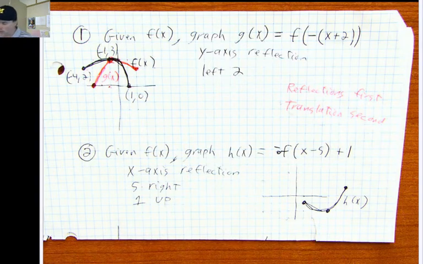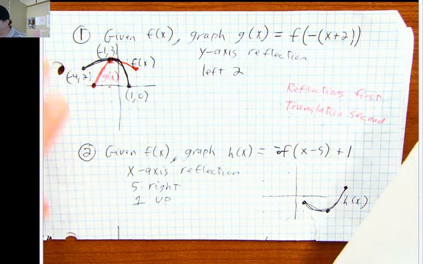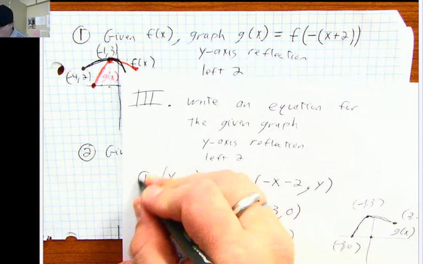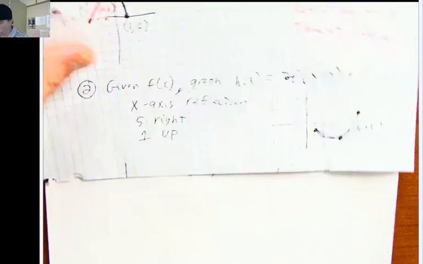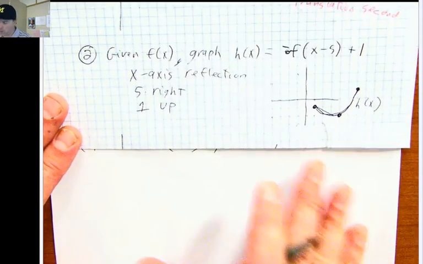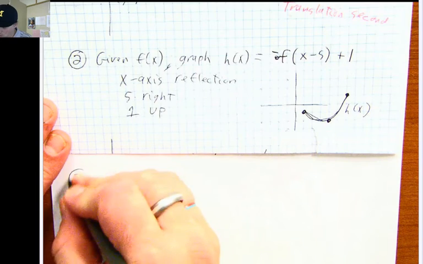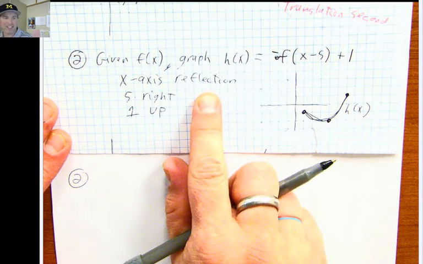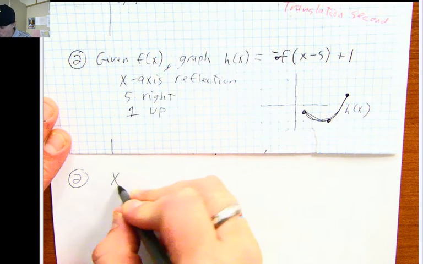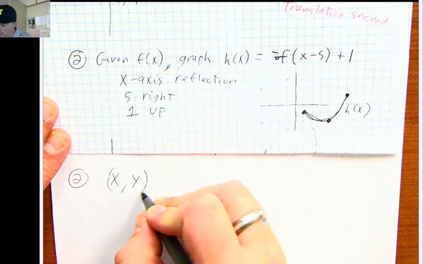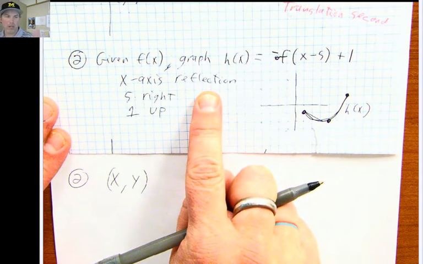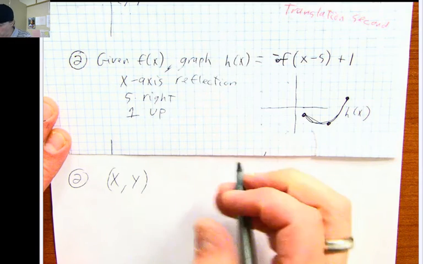If I was on team non-graph paper, well, we have this x-axis reflection. An x-axis reflection affects the y-coordinates.